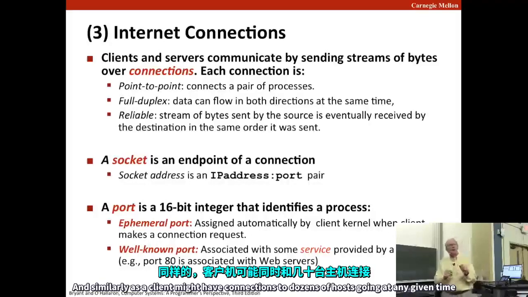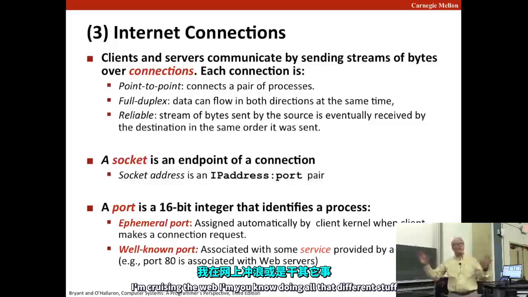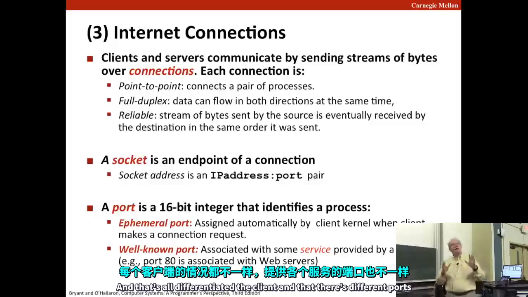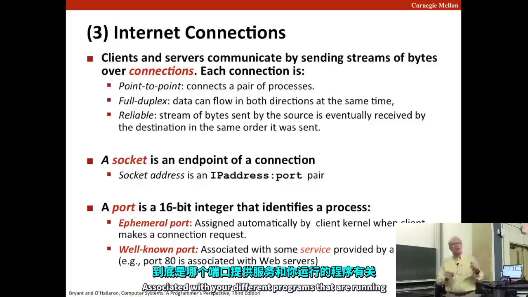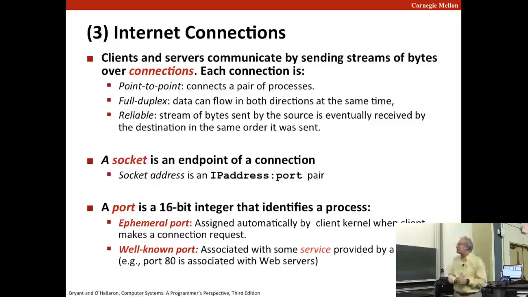Similarly, I as a client might have connections to dozens of hosts going at any given time. I'm cruising the web, doing all that different stuff. And that's all differentiated at the client end, with different ports associated with your different running programs.